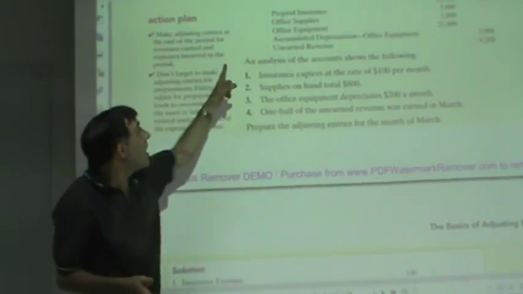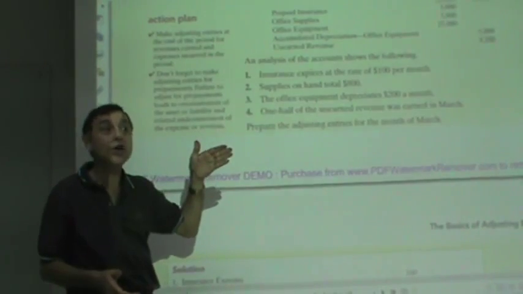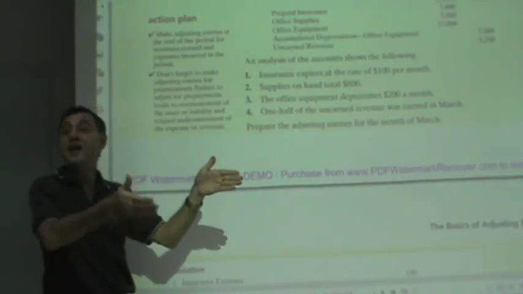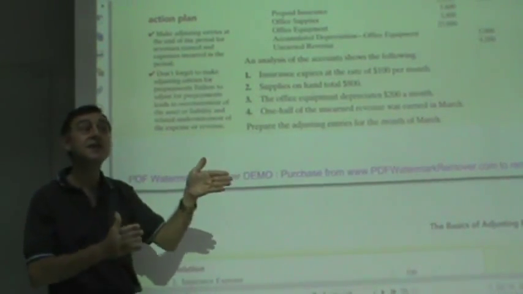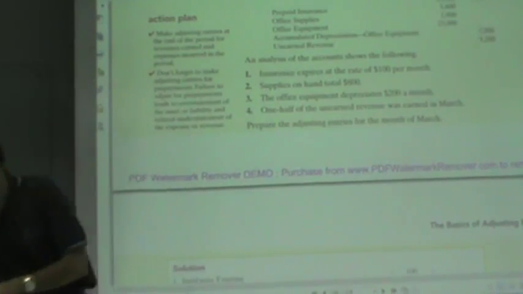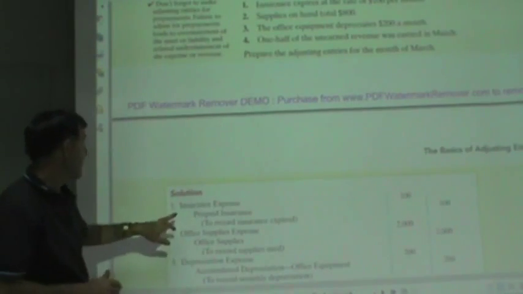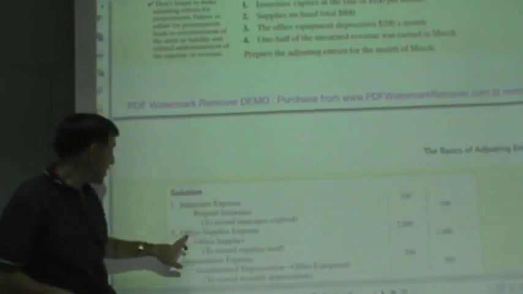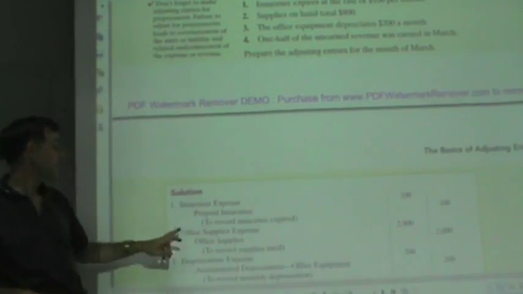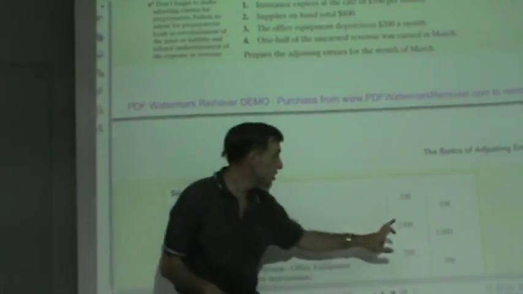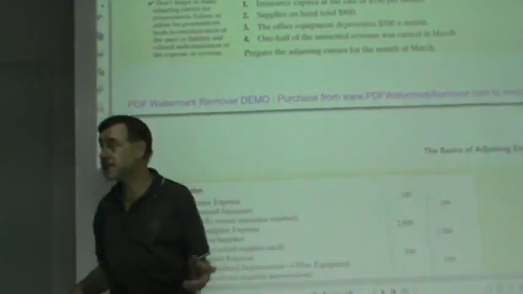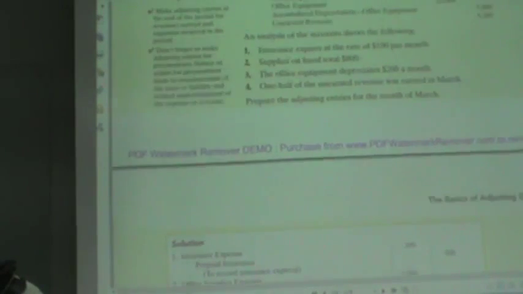So supplies is an asset account, so it's going to be debit supply expense, credit supply. Okay, so debit office supplies expense, credit office supplies, 2,000, 2,000. That's it. Next one.